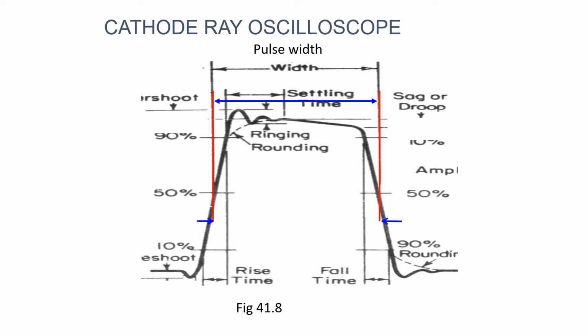So rise time is the time required for the leading edge of the pulse to go from 10% to 90% of the pulse amplitude. Similarly, the fall time is the time taken for the trailing or the lagging edge to fall from 90% to 10% of the pulse amplitude. So the delay time is the time elapsed from commencement of the input pulse until the output pulse reaches 10% of the pulse amplitude.